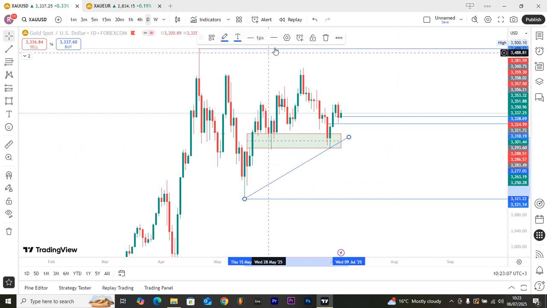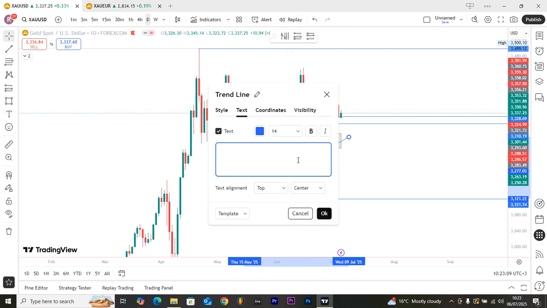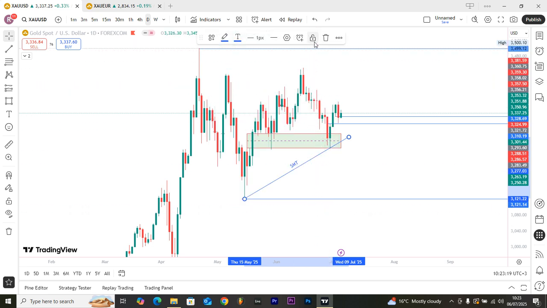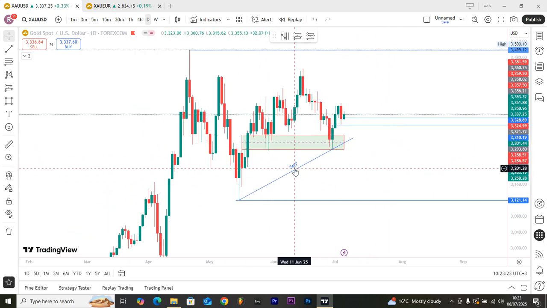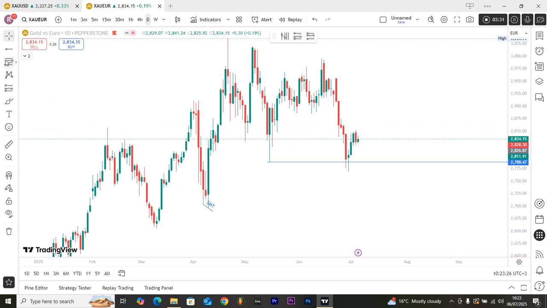This is now SMT, smart money divergence technique. That's SMT right there.